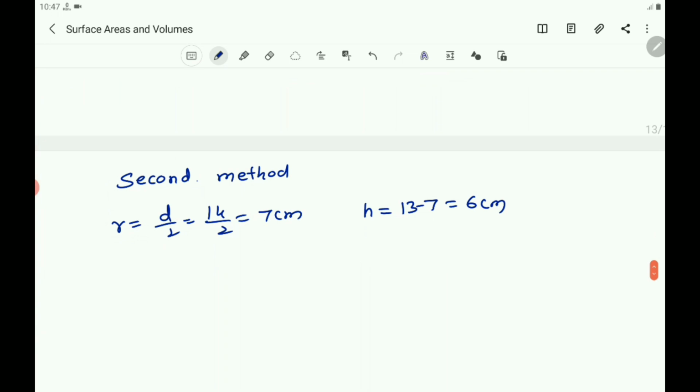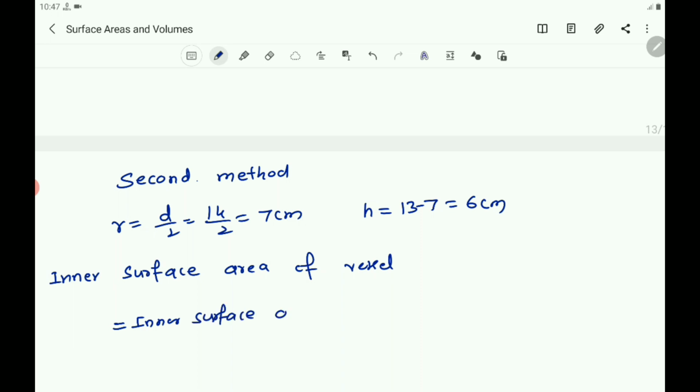Then you write: inner surface area of vessel equals inner surface area of cylinder plus inner surface area of hemisphere.